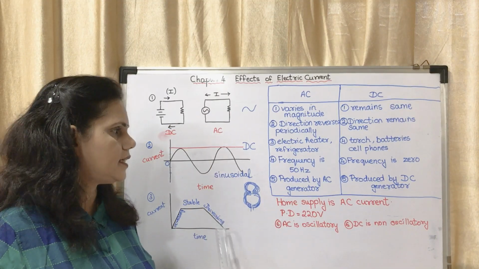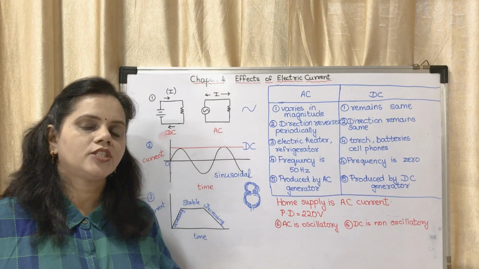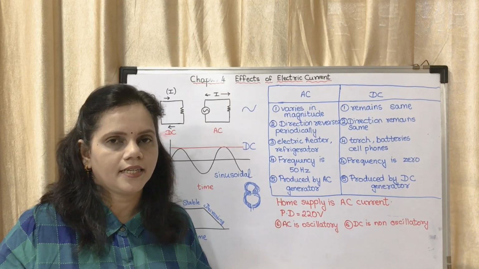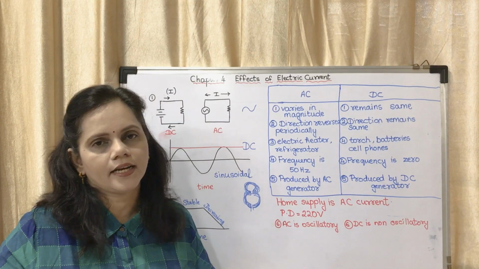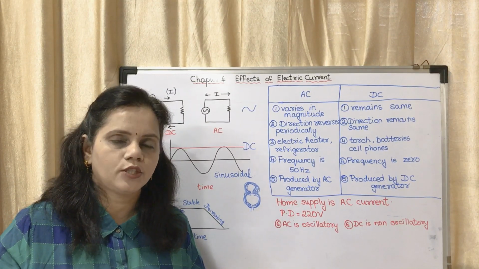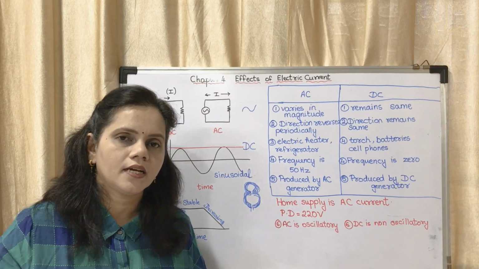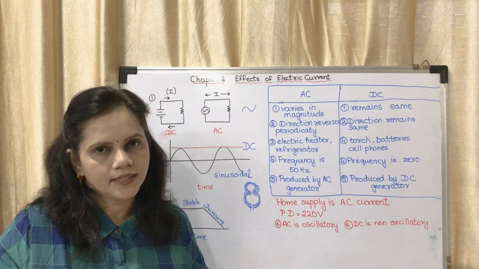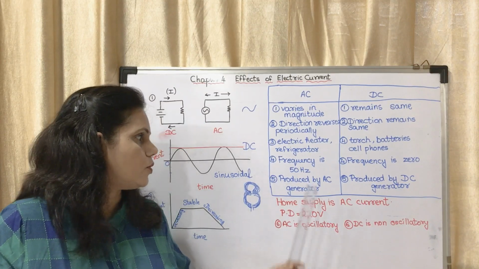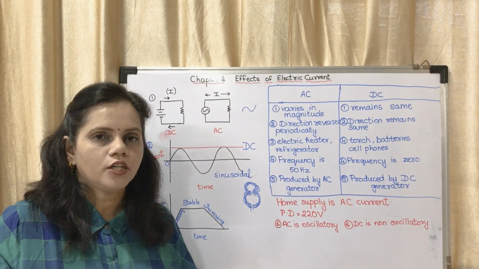So these are the three graphs. From here, the question asked will be distinguish between AC and DC, that is alternating current and direct current. Otherwise, there is a question in the textbook, distinguish between AC generator and DC generator. That question also will be asked. So this much you may write in your notebook.